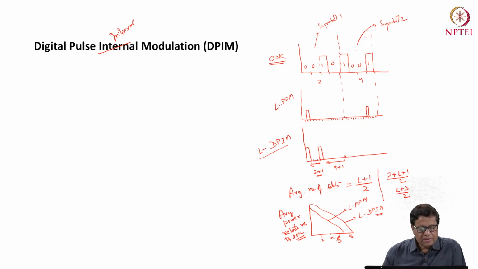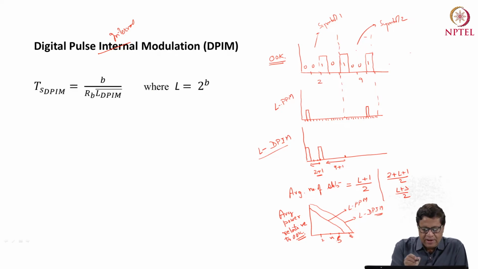So now let us see what is the bit rate for a DPIM. So the bit rate for a DPIM, RB, will be B, that is the number of bits per symbol, divided by the time slot Ts, let me qualify this as DPIM, into the average number of time slots in a symbol, which is actually L average DPIM.